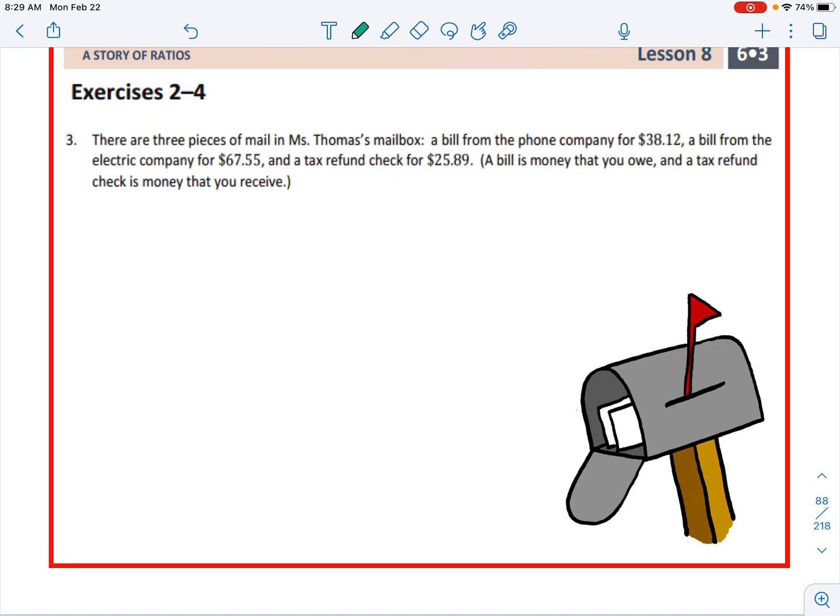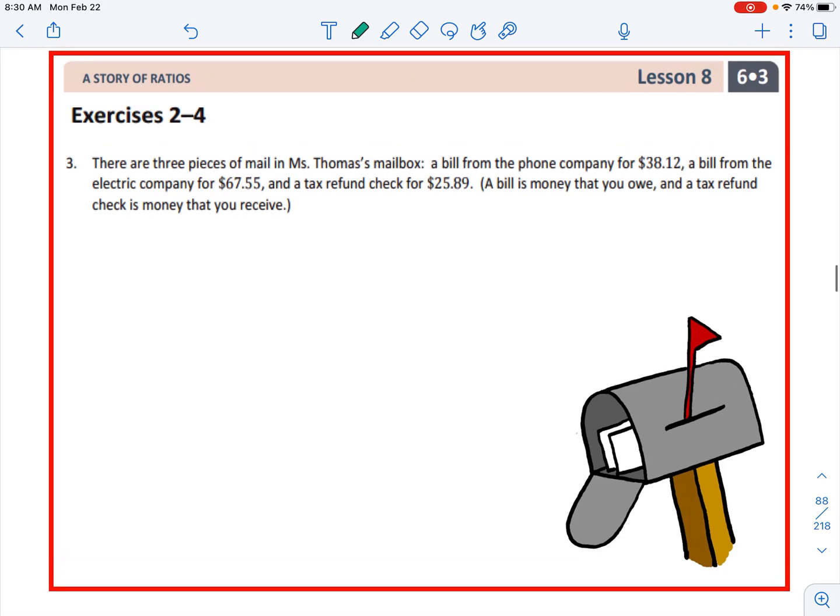All right, number 3 says, there are 3 pieces of mail in Mrs. Thomas's mailbox. A bill from the phone company for $38.12. A bill from the electric company for $67.55. And a tax refund for $25.89. A bill is money that you owe, and a tax refund is a check, money that you receive. Okay, so this is going to be negative 38.12.